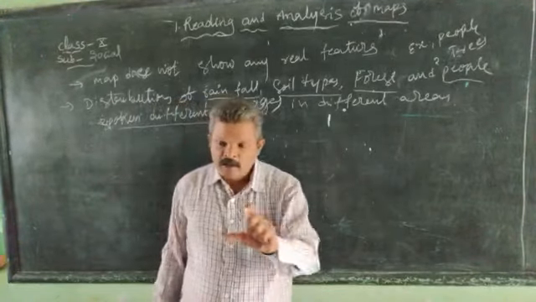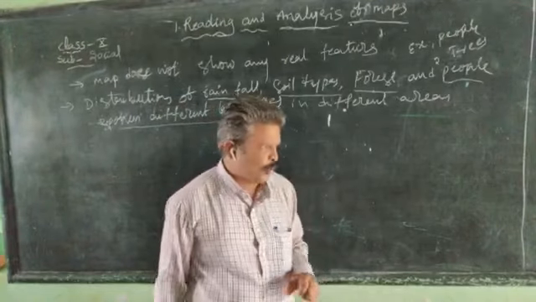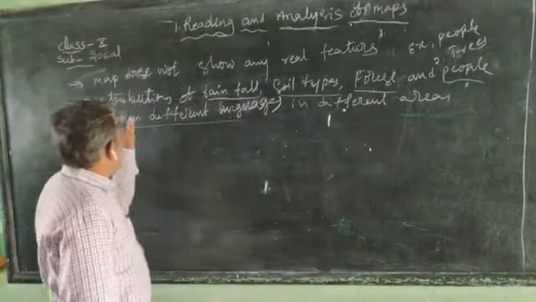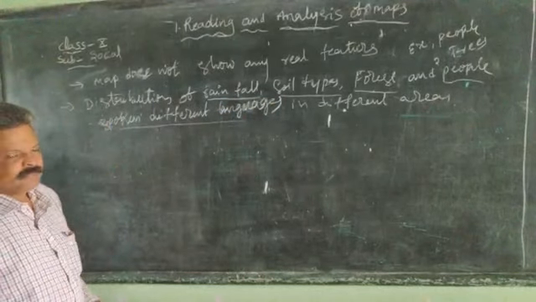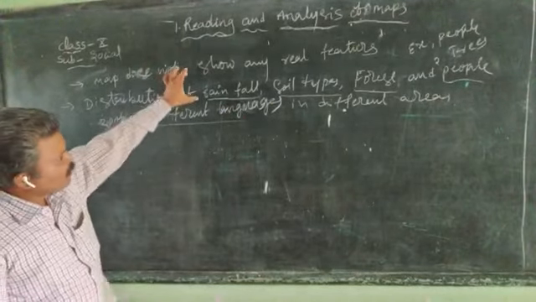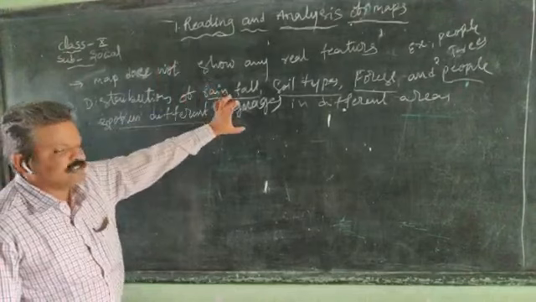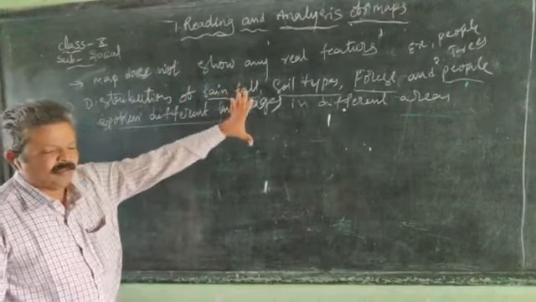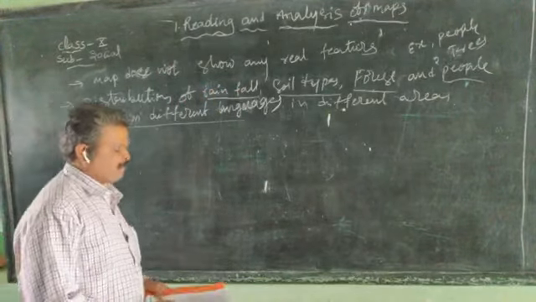The distribution of rainfall also we show through a map. So that's why the map makers mention the real features while preparing maps.